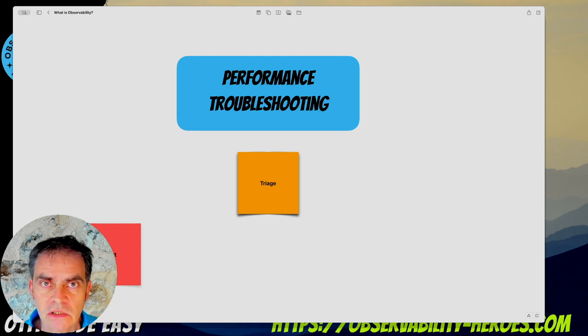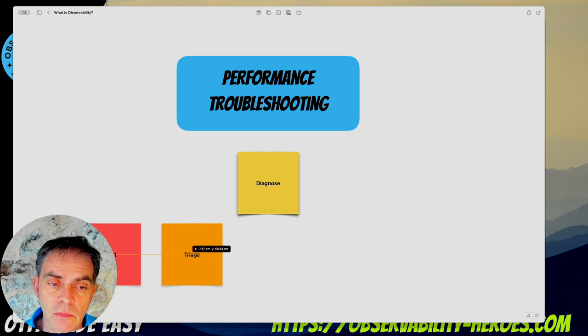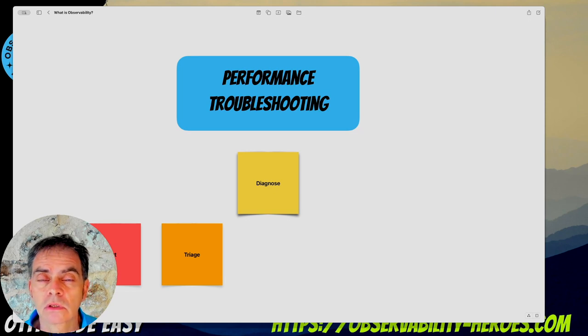But with the right observability data, the triage is not a big problem. Triage helps us to find the area where the problem, the root cause, most likely resides. And that uses kind of the same data as the alerting, but looks at it from a different perspective, at different connections with a different context. And we will find out which realm the root cause is most likely in.